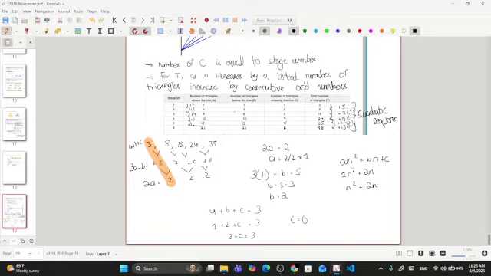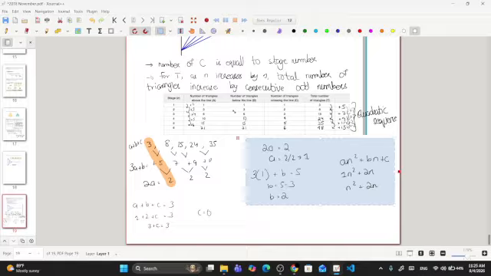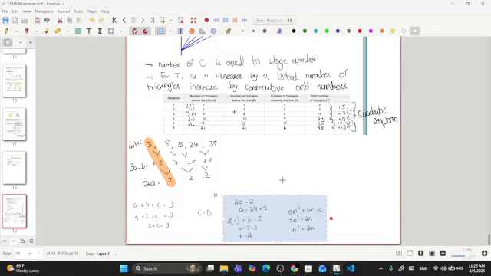That's going to be your answer. Write this down so that we can move forward.